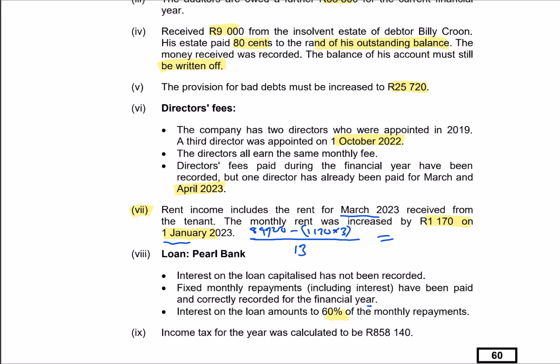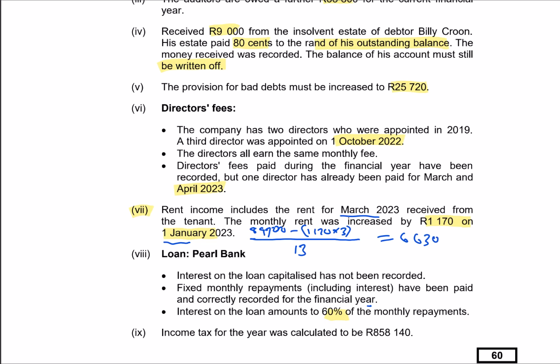So that's 89,700 minus 3,510, then divided by 13. So this will give you 6,613.